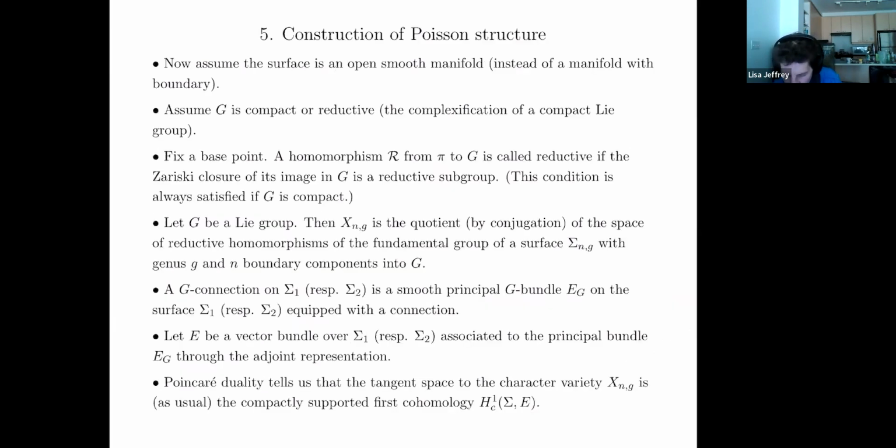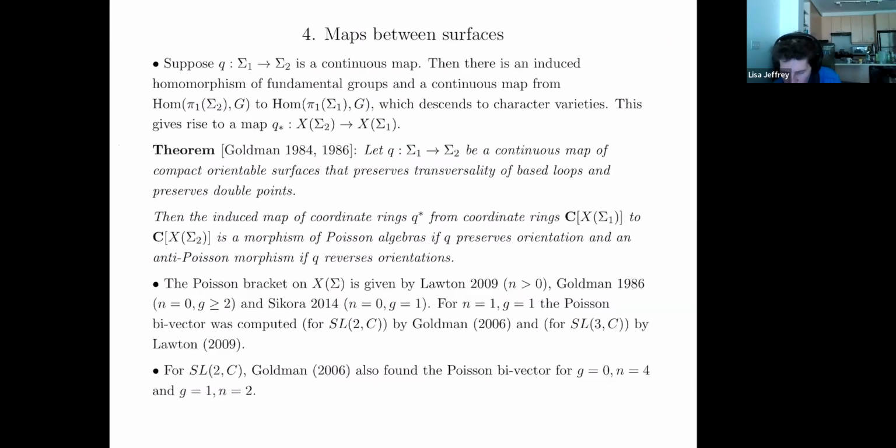All right, I think I skipped something. Yes, so if Q is a map of compact orientable surfaces, Goldman required that the map preserve transversality of base loops and preserve double points.